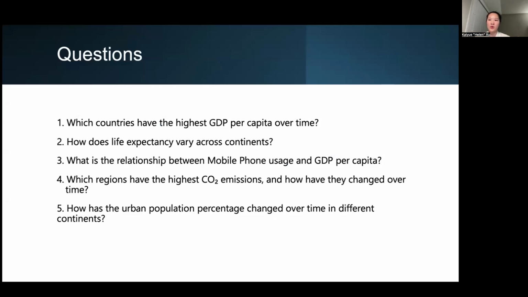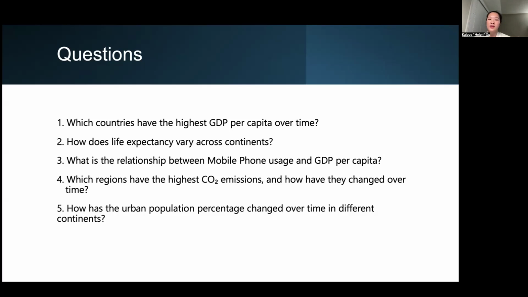So those are the questions I want to answer. The first one is which country has the highest GDP per capita over time, which I found very interesting when I saw the result. Second is how life expectancy varies across the continents. That one is very interesting too, so we can look at it next.